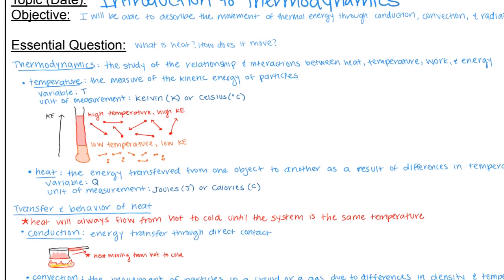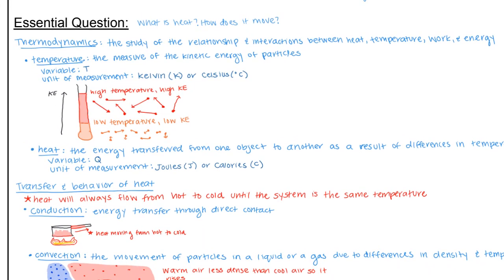So let's quickly define what thermodynamics is, because I know that it's kind of a long word. It might be a word that you are not familiar with. Thermodynamics is the study of the relationship and interactions between heat, temperature, work, and energy.